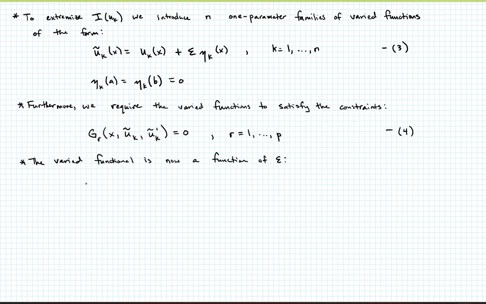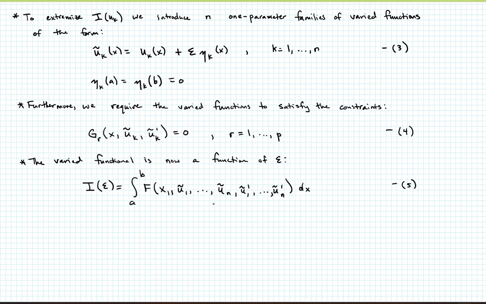We write this varied functional as I of epsilon, which will be equal to the integral from a to b of f of x, u1 tilde up to un tilde, and u1 prime tilde up to un prime tilde, remembering that all the u tilde values are functions of epsilon and x, with x being integrated out, so we're left with simply a function of epsilon. Let's call this equation 5.